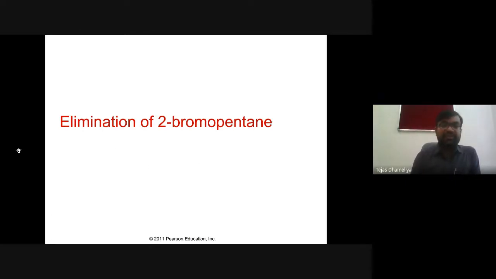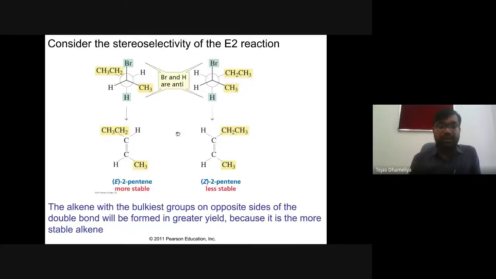Now we are going for the elimination of 2-bromopentane. Why? Because this is a specific example which will give us two types of isomers. Upon elimination of this 5-carbon compound, if the halogen and hydrogen depart, then we shall have the E isomer as well as the Z isomer.